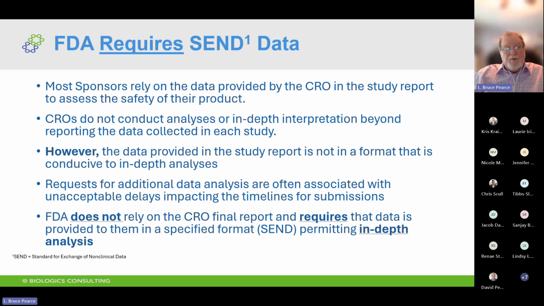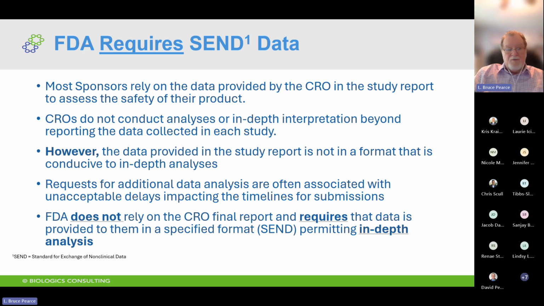However, the data provided in the study report is really not in a format that's conducive to in-depth analysis. And requests for additional data analysis are often associated with unacceptable delays impacting timelines and submissions, just not generally built into timelines before these studies are conducted.